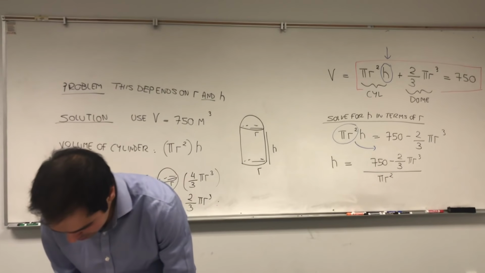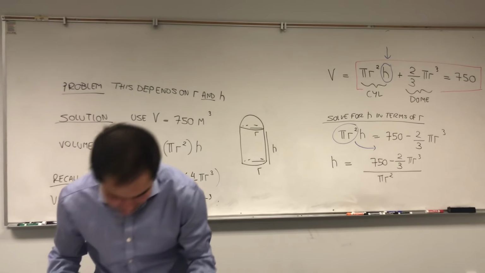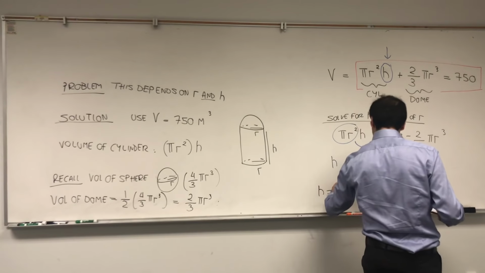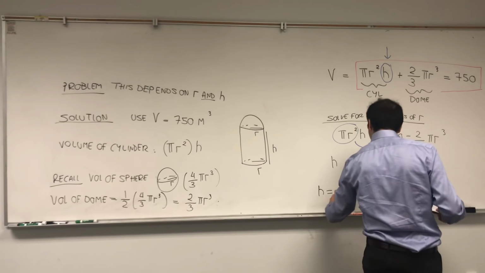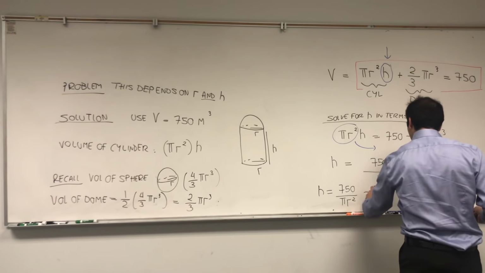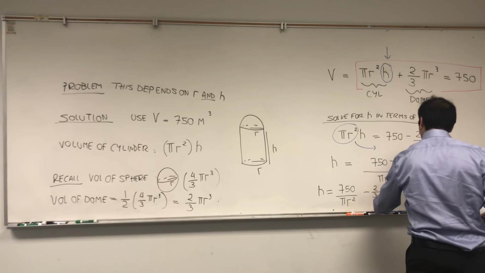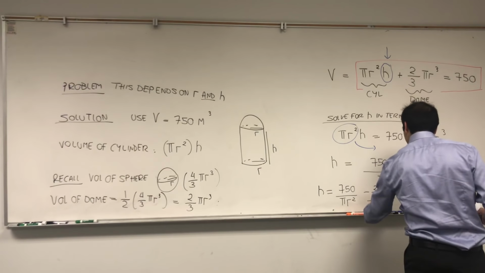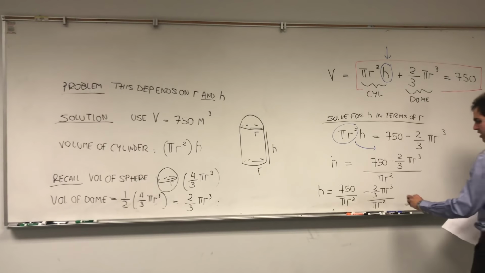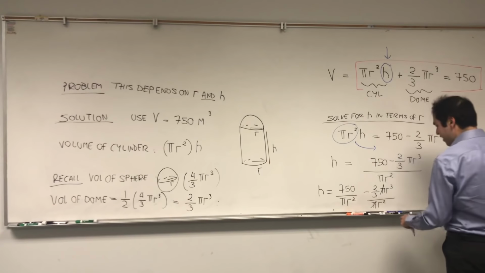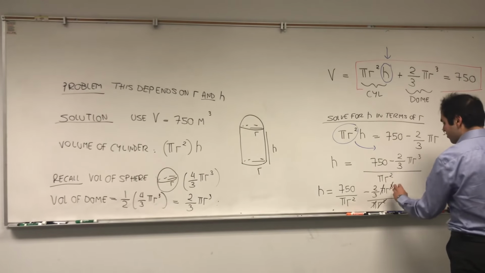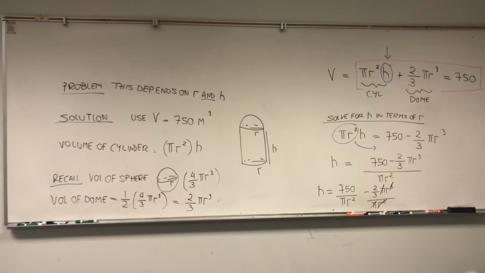And then let me just make sure this is correct. So h is 750 over pi r squared, and then minus 2/3 pi r cubed over pi r squared. And what's nice about this is that the pi's cancel out, and the r squared cancels out with r cubed to become r.